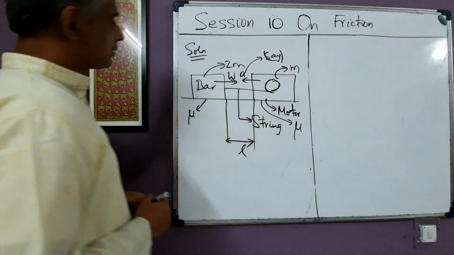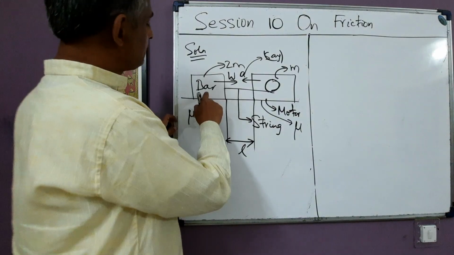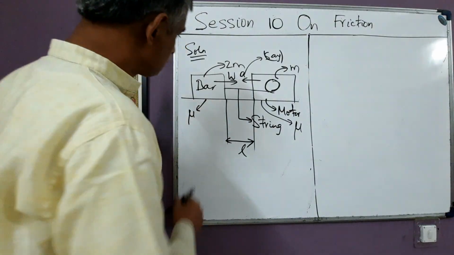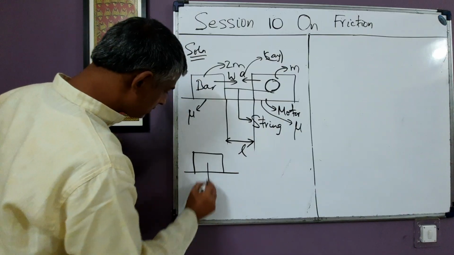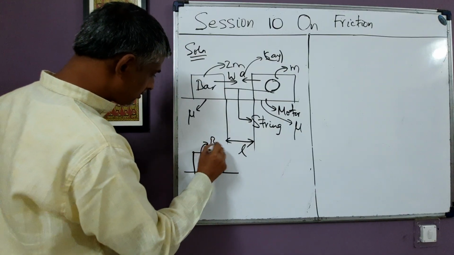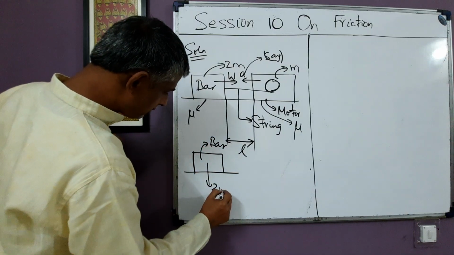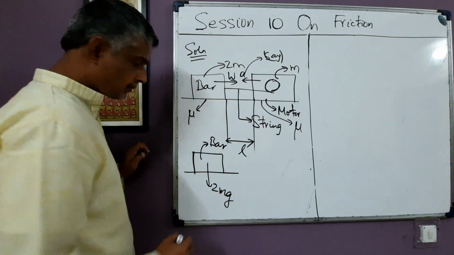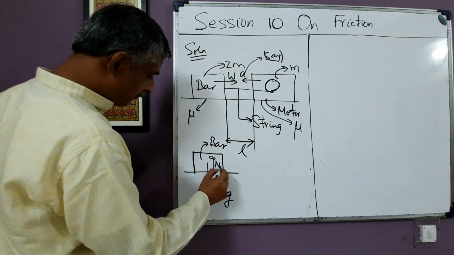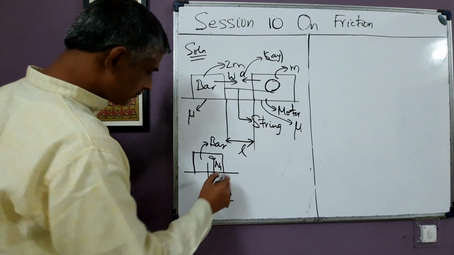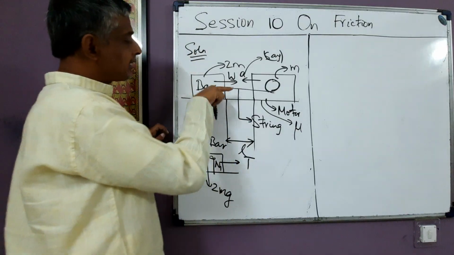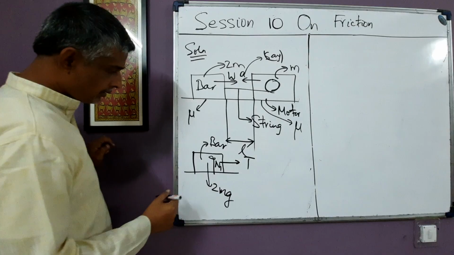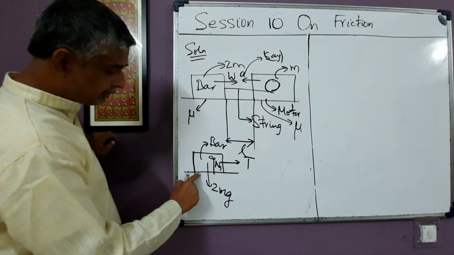So first I draw the free body diagram of the bar. This is the bar. The weight of the bar is 2mg. N1 is the normal force on the bar due to the ground. T is the tension in the string; the string pulls the bar towards the right with some tension T. And sliding friction is there.